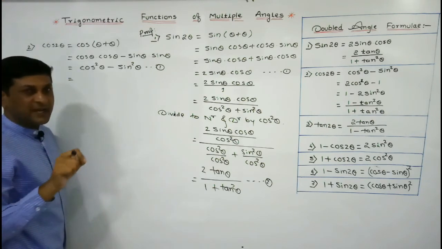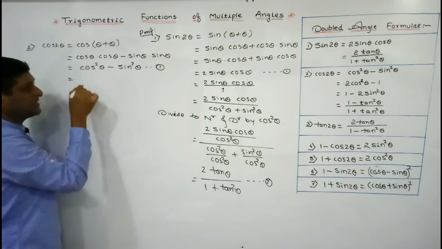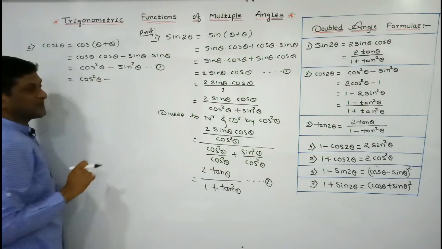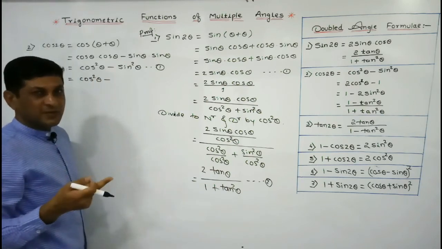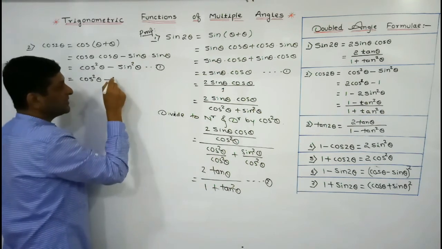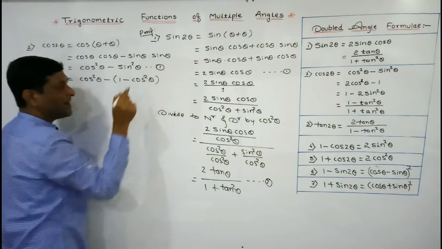Now what is our second required value? 2 cos square theta minus 1. So we are not disturbing cos square because our second value is in terms of cos square. So cos square theta, keep it as it is, minus also as it is. Just we are trying to convert sin square in terms of cos square. So sin square can be written as 1 minus cos square theta according to identity.